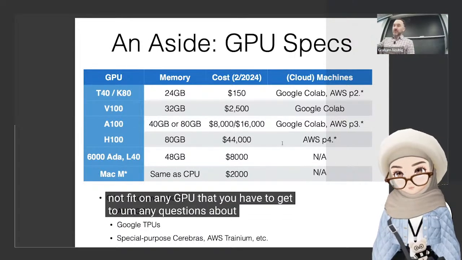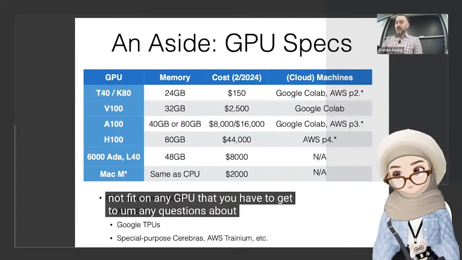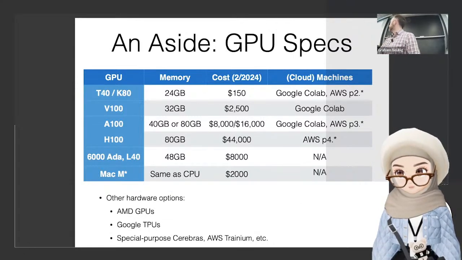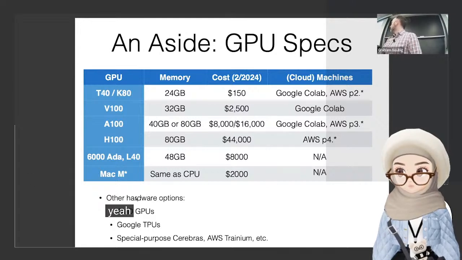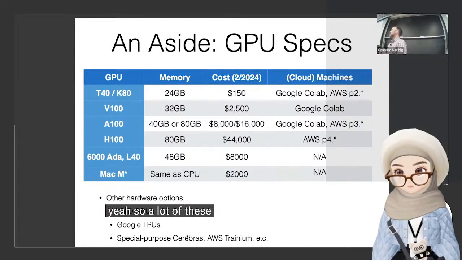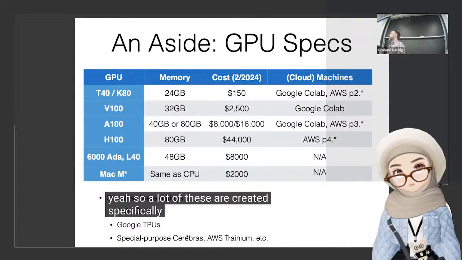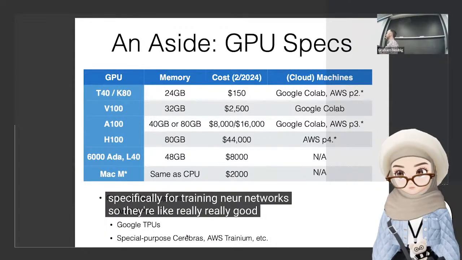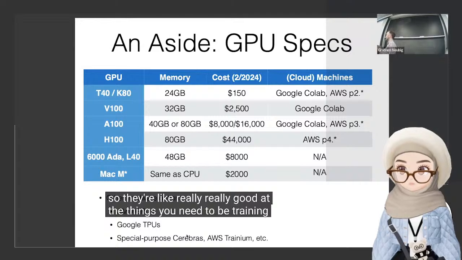Any questions about this? Yeah. What is the other special purpose hardware used for? A lot of these are created specifically for training neural networks, so they're really, really good at the things you need for training neural networks.